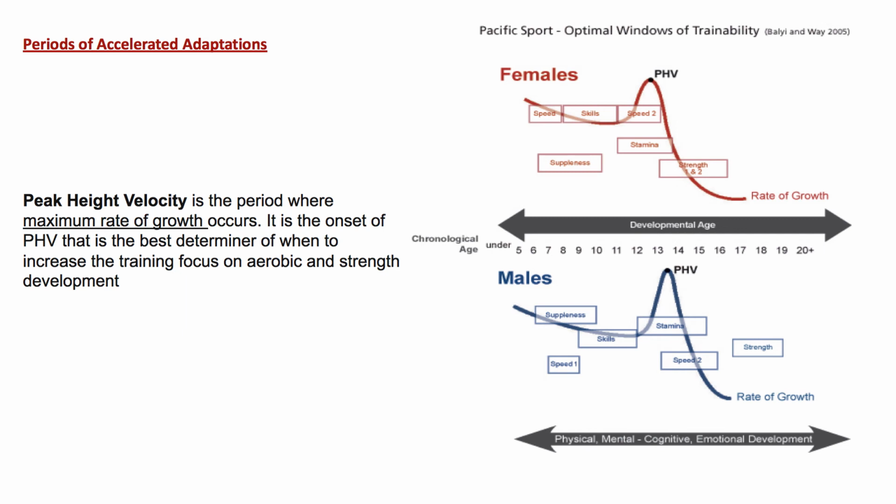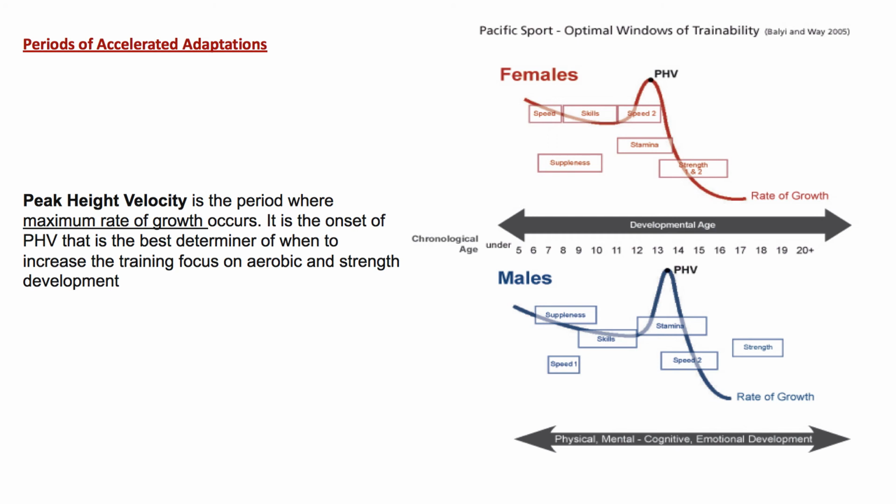So if we look at this figure on the right-hand side of the screen, on the top we see females. And we see peak height velocity, PHV, happens at around 12 and a half, 13 years of age. So that's the maximum rate of growth. This is the period of accelerated adaptation leading into peak height velocity.